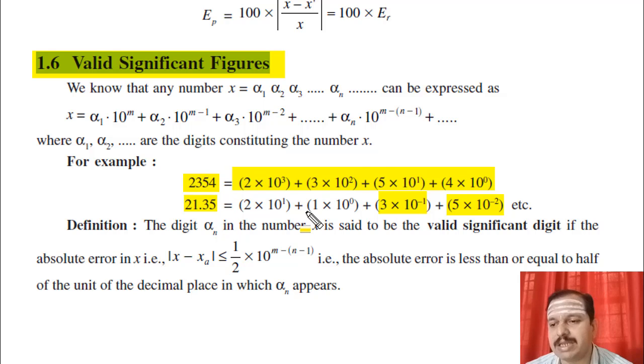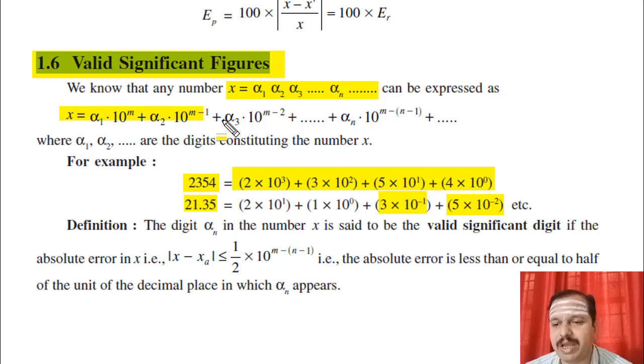If we know this concept, then we can very easily define what is meant by valid significant digit. In general, if x is a given number which has these many digits, alpha 1 is the first digit, alpha 2, alpha 3, alpha 4, dot dot dot, alpha n, dot dot dot, these many digits are there in x. It can be expanded in the same way how I have shown you over here.